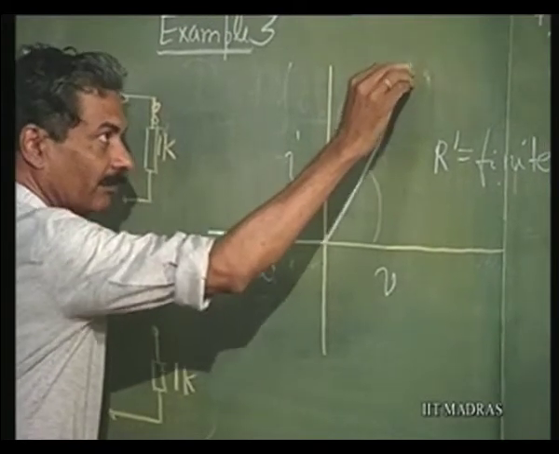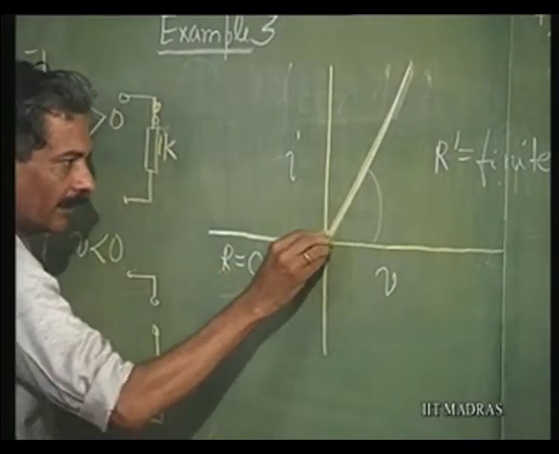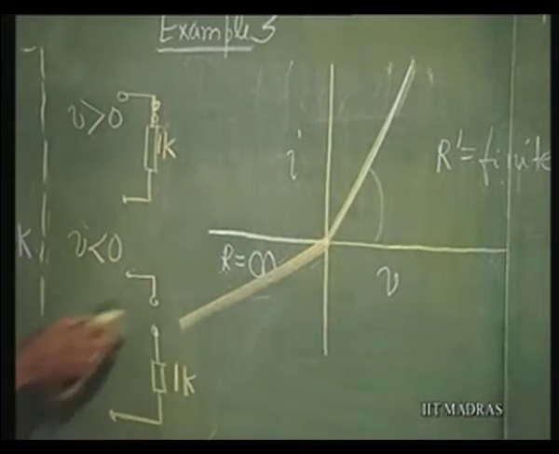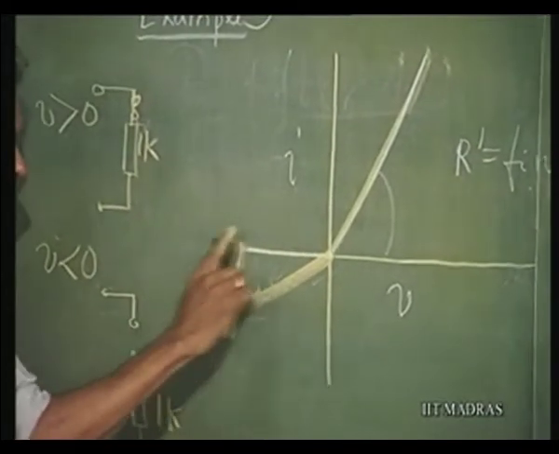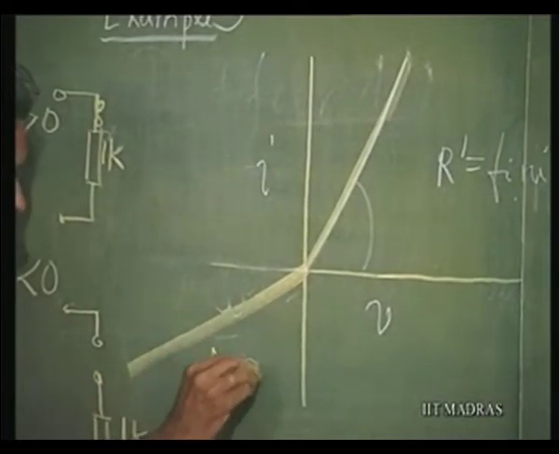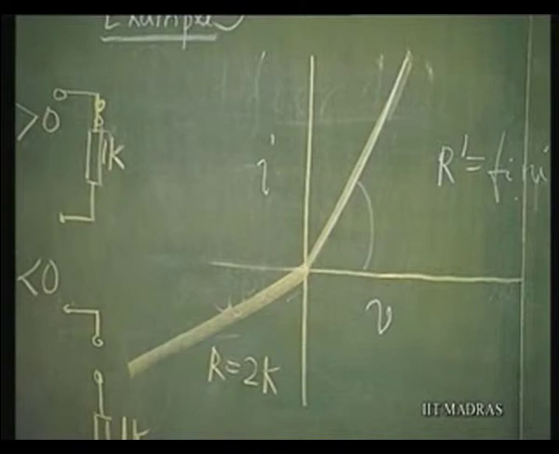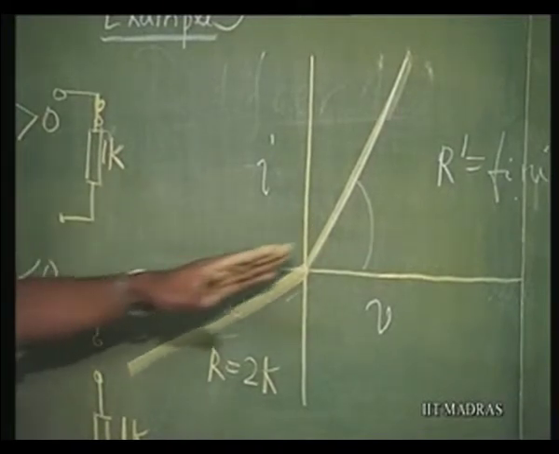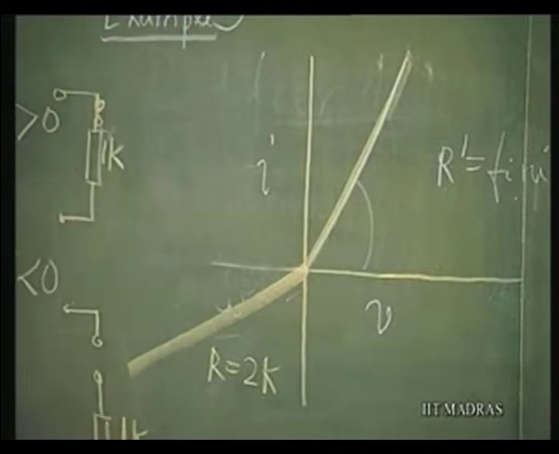In the forward direction it is going to be 1 K, in the reverse direction it is going to be 2k, not any longer this R is equal to infinity. So, R is equal to 2k. So, how do I get it? Now, in the forward direction this is going to govern the resistance 1k.